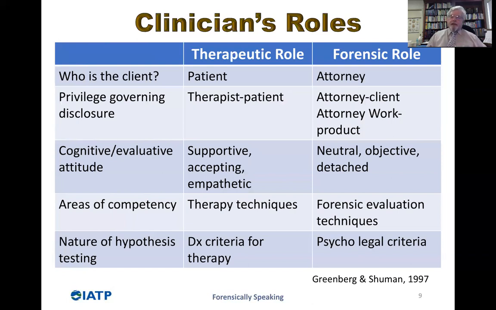When we're looking in a forensic role, it is about your ability to evaluate the problem of the referral question using the tools, the techniques, and the skills that you have, but it's for aiding the decider of facts in making a judgment.